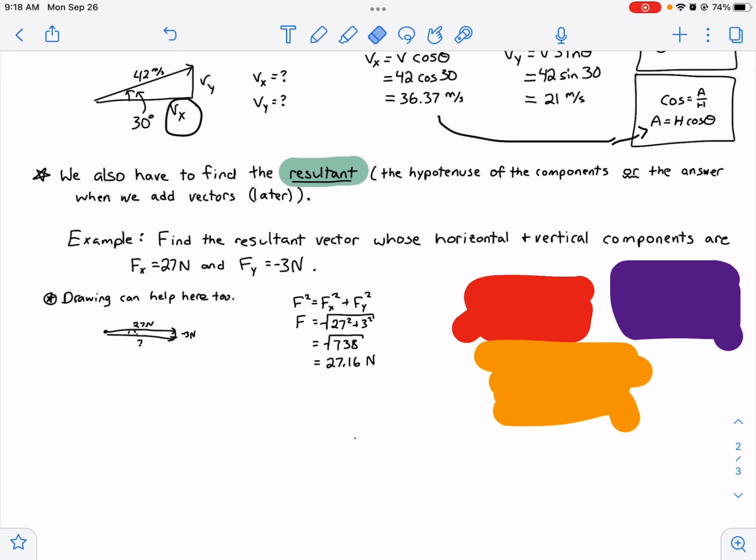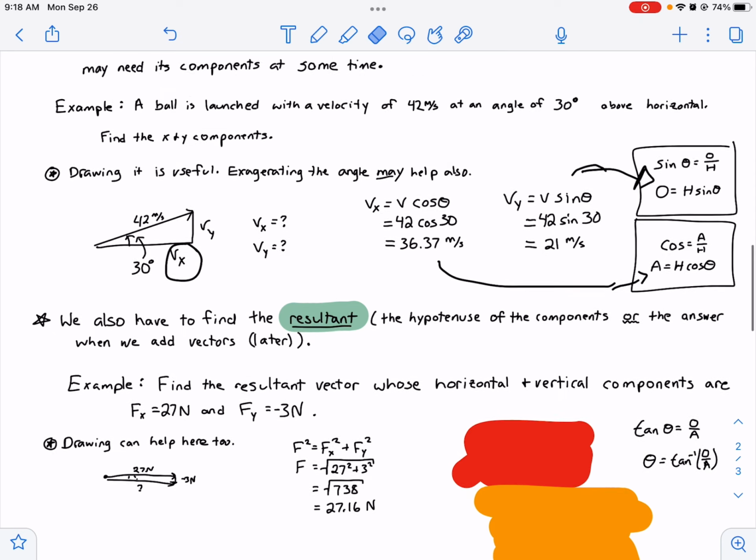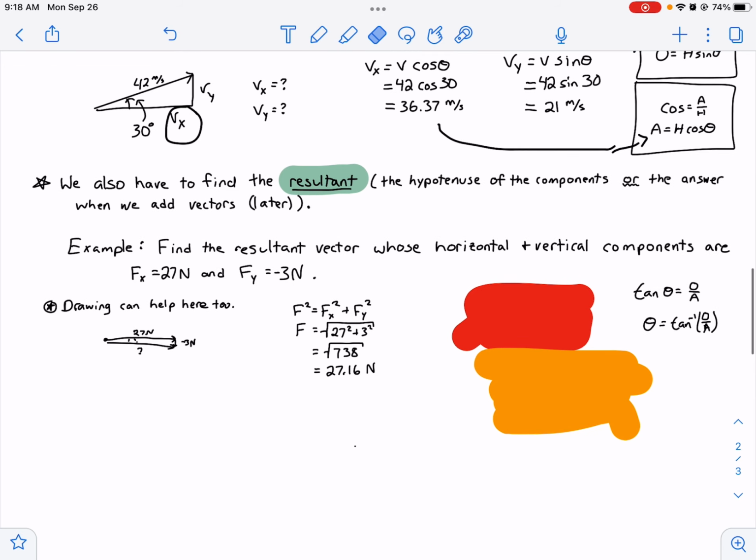Now to find the angle, again, I'm looking for something that none of those equations up there were solved for. So what I did was I took the one that has what I'm given. Always choose to use your givens whenever possible. I'm given the opposite and the adjacent. I could use my hypotenuse, but then I would be doing some rounding to do that, and I don't like to do that.